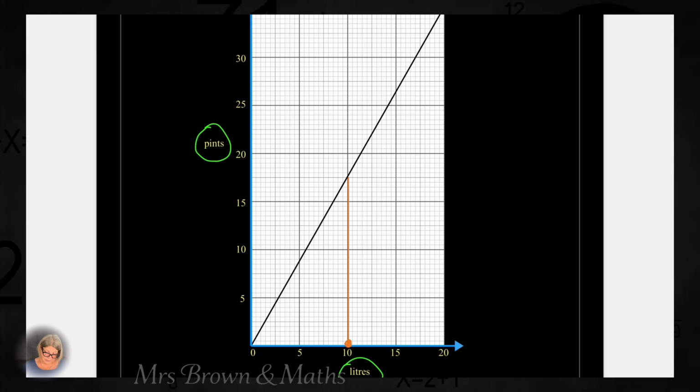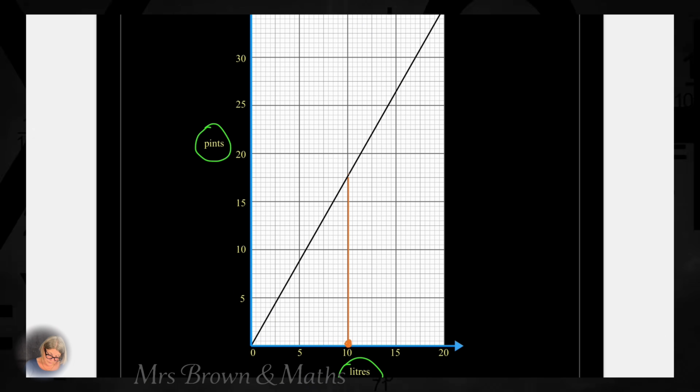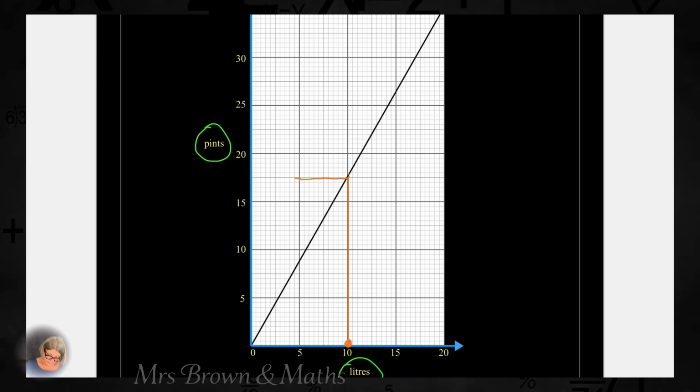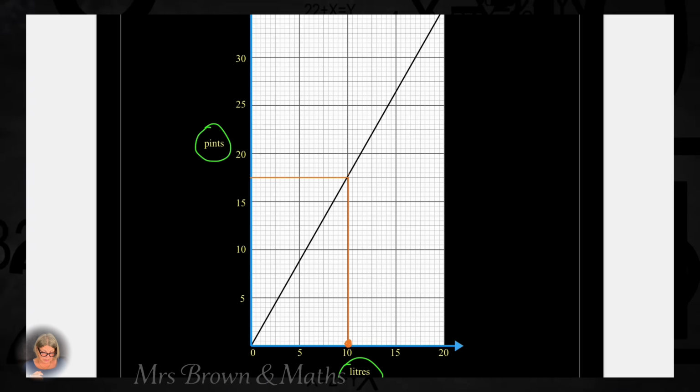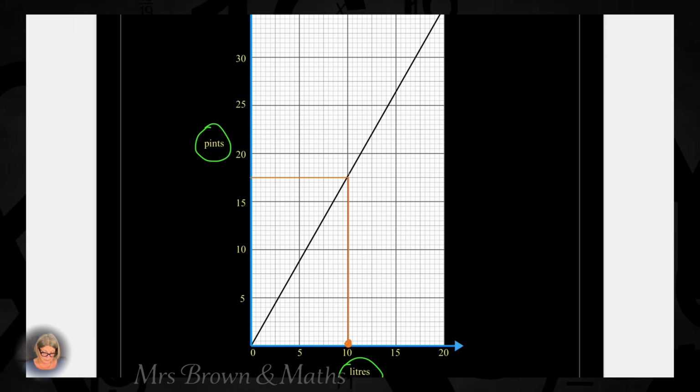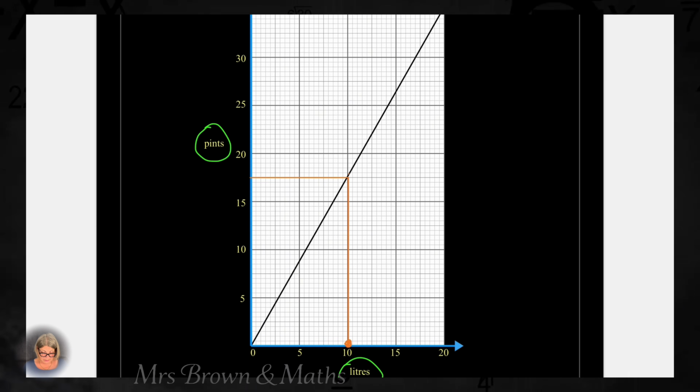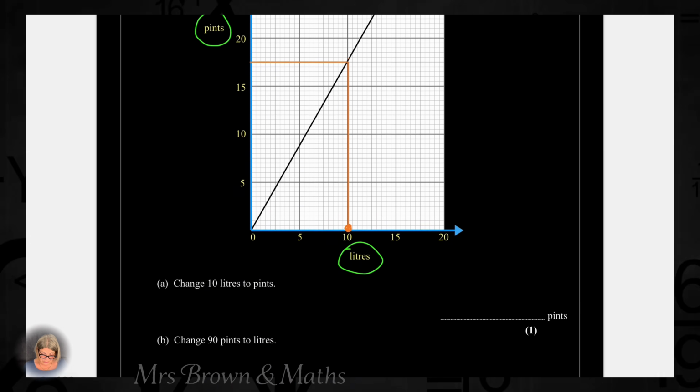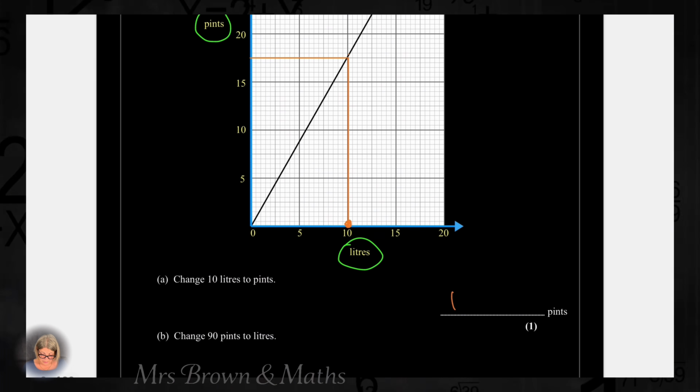Right, and then go to pints. Right, it's exactly the middle between 15 and 20. That is 17.5. So the answer is 17.5 pints.